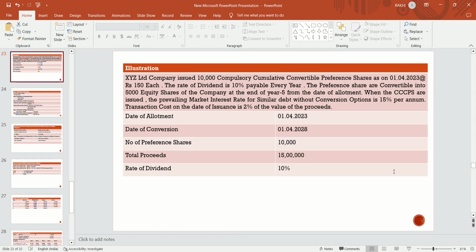The prevailing market rate of interest for similar debt without conversion option is 15%, and transaction cost on the date of issuance is 2% of the value of the proceeds.